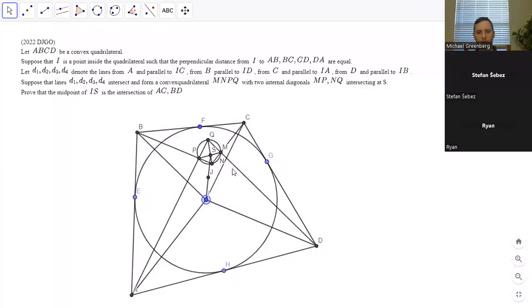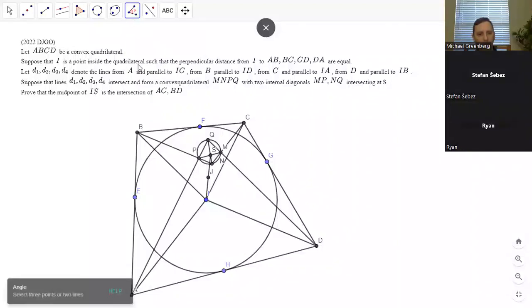That makes sense because BIC is BIF plus CIF and so on. Okay, so you have a cyclic quad. But I don't think this is a right angle. I'd be very surprised if it was. Yeah, it's not. Okay.